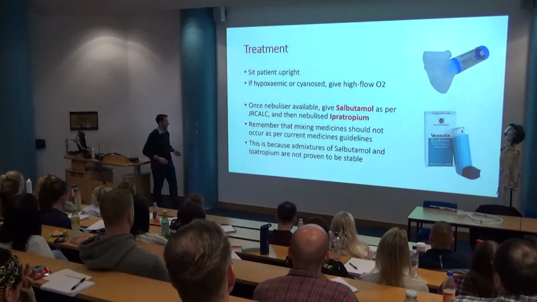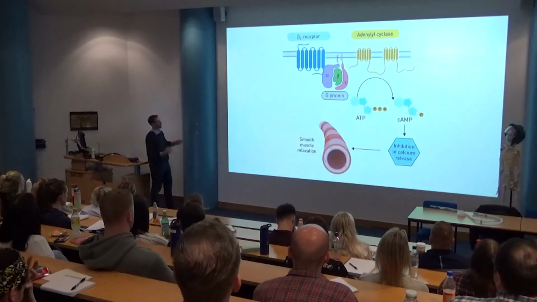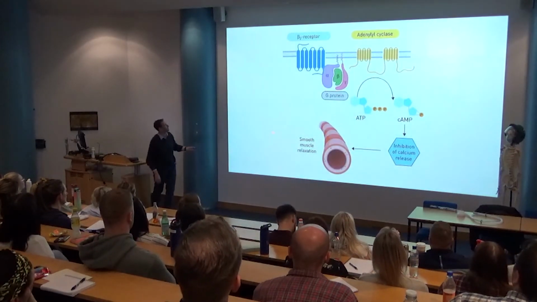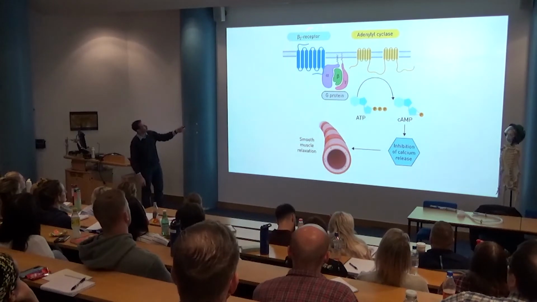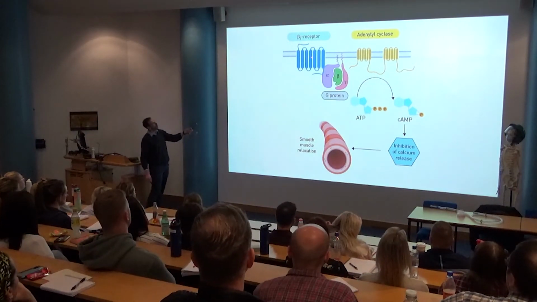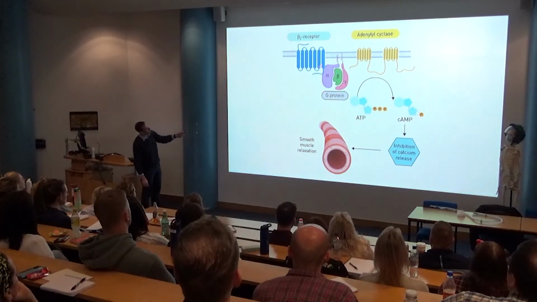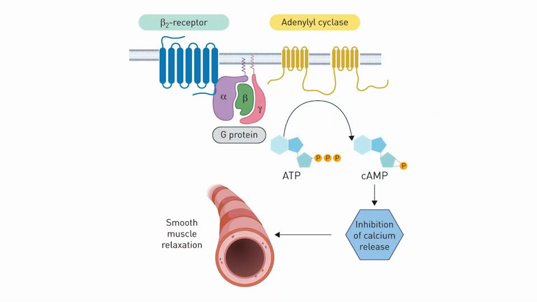So here we go. Okay, we talked about that. So that's your salbutamol. This is your beta-2 receptor up here. What it does, through adenyl cyclase, so this is a G protein activated receptor, it turns adenosine triphosphate, so your ATP, into cyclic adenosine monophosphate.